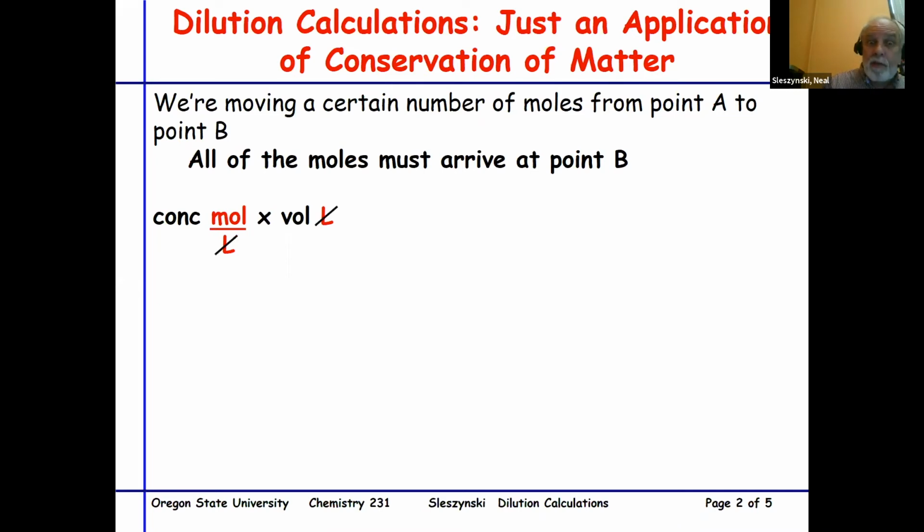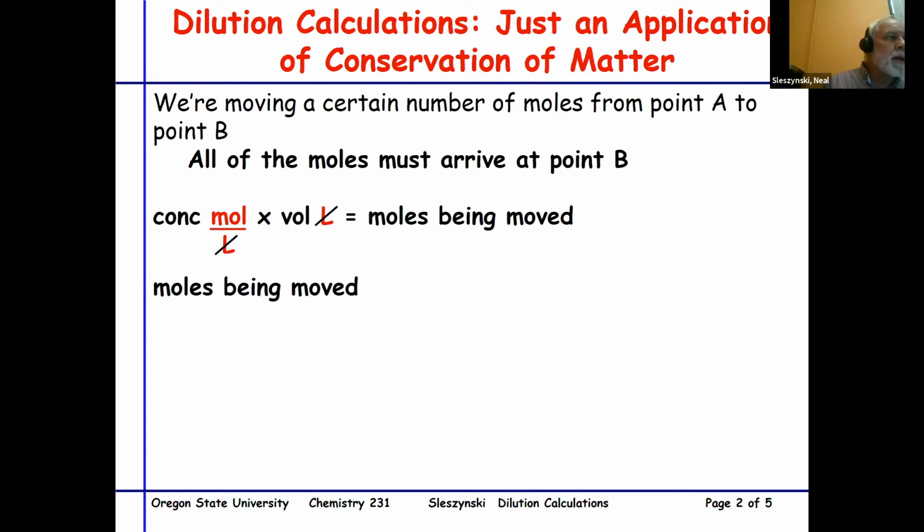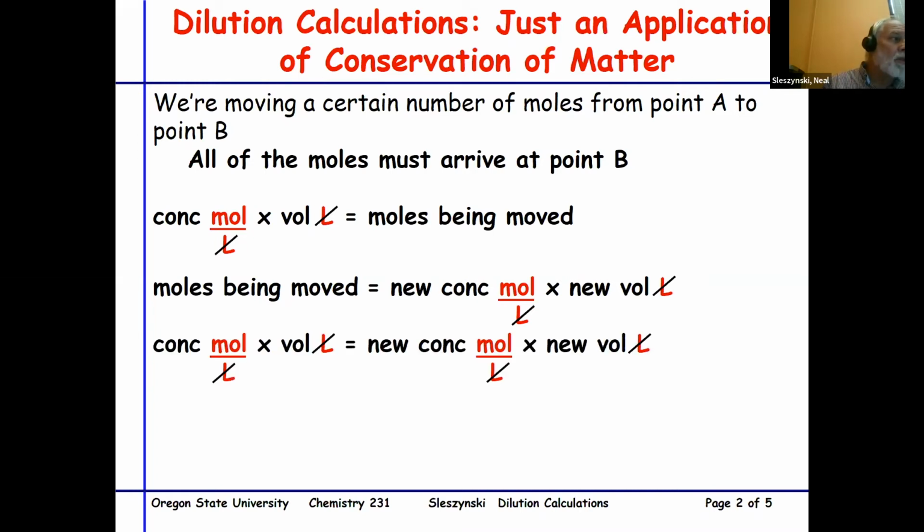When we do the math, we find out we can solve for the number of moles being moved from point A. Those moles being moved to point B must arrive, and typically we'll have a new lower concentration at a new volume. And of course, liters cancels out, and what we see is, in fact, the moles we started out with at point A have to arrive at point B.